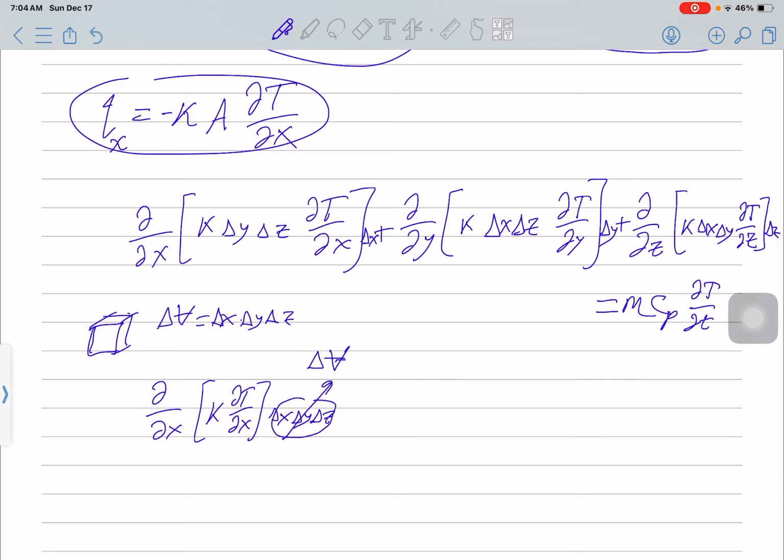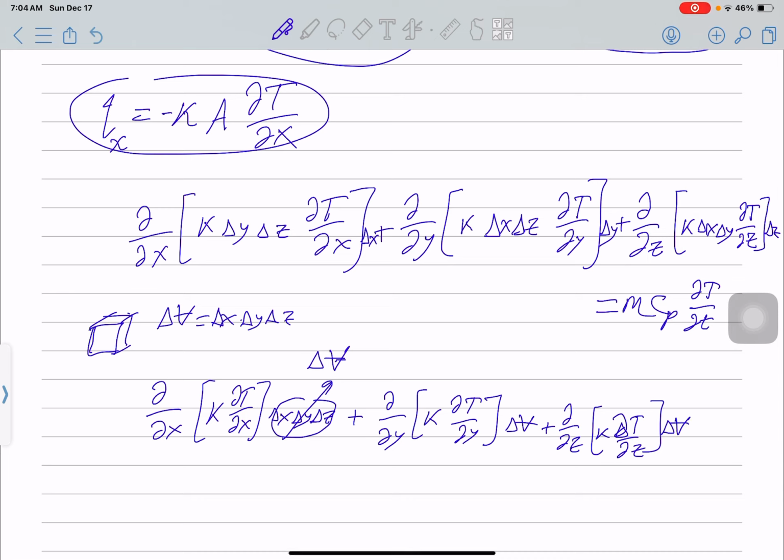We'll replace it with delta v, plus partial by partial y of k partial temperature by partial y delta v, plus partial by partial z of k partial temperature by partial z delta v.